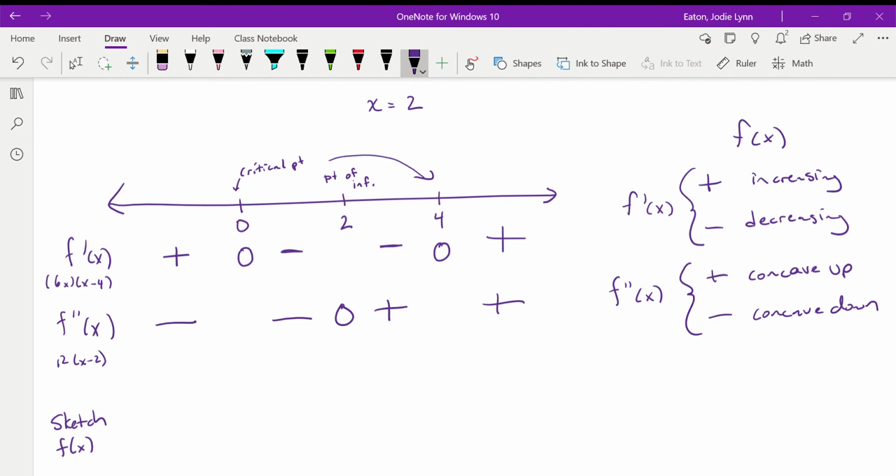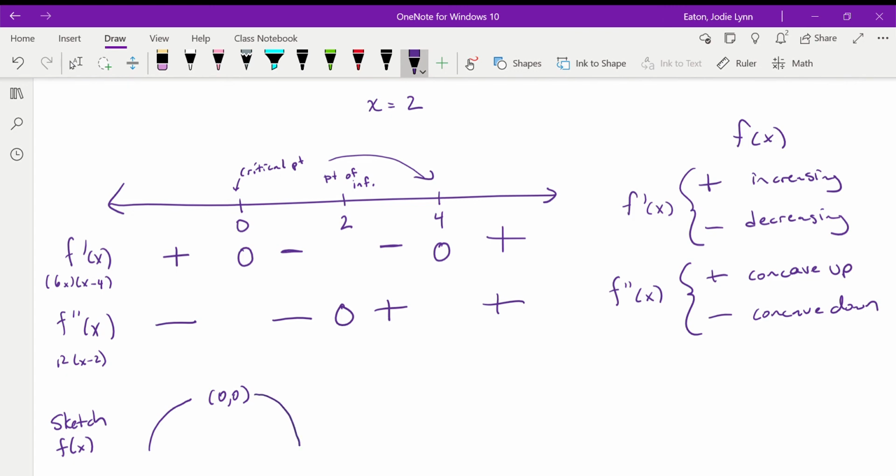So here in our first region, less than 0, our derivative is positive, so that means we're increasing, and f double prime is negative, which means we're concave down. So for a sketch, increasing and concave down looks like that. Okay, we have our critical point. We calculated that was 0, 0. And on the other side, we have a negative, so we're decreasing, but we're still concave down.